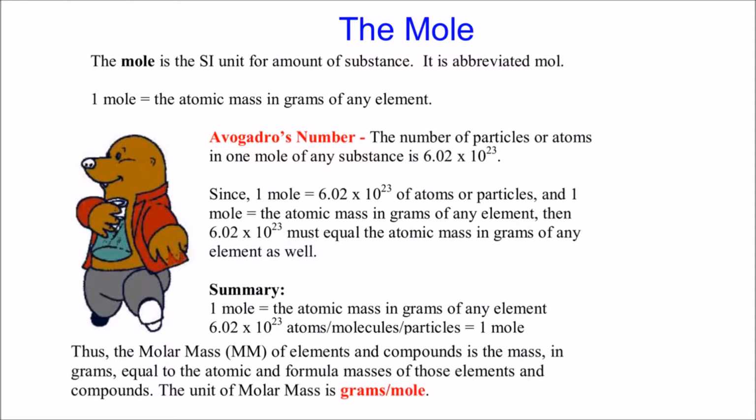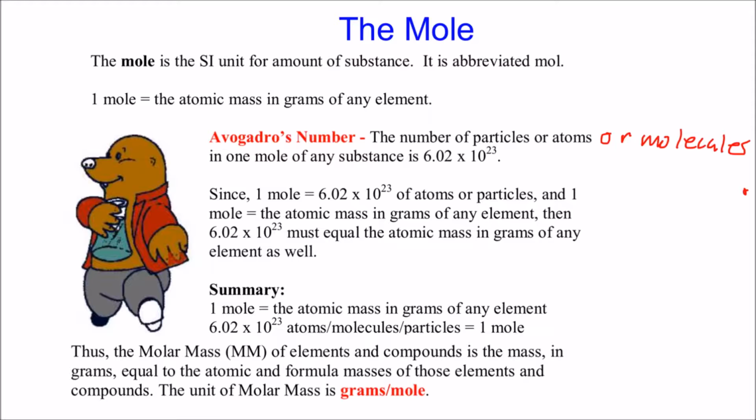It says that the number of particles, atoms, or molecules, and we really do need to add that in here, in 1 mole of a substance is equal to 6.02 times 10 to the 23rd. That is a number that you're going to need to memorize.